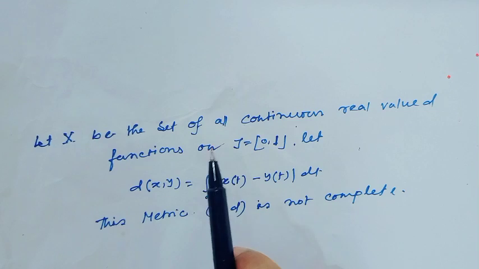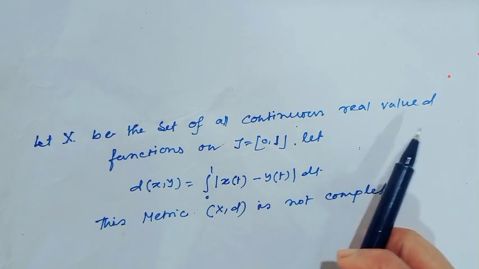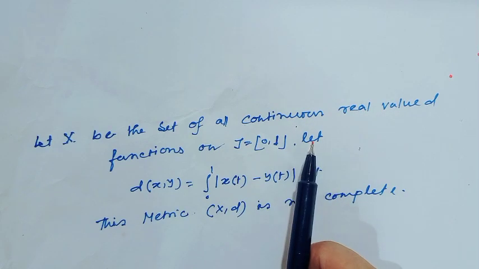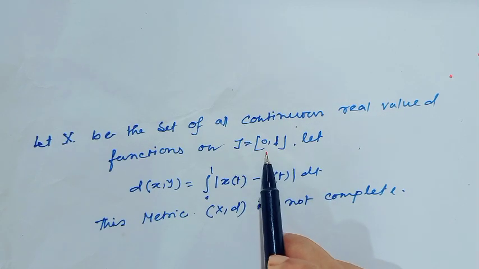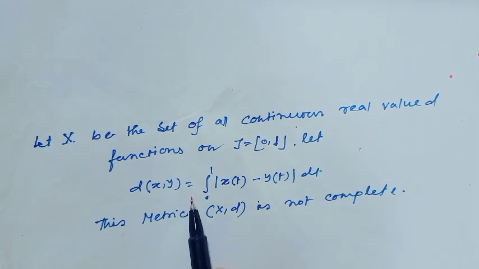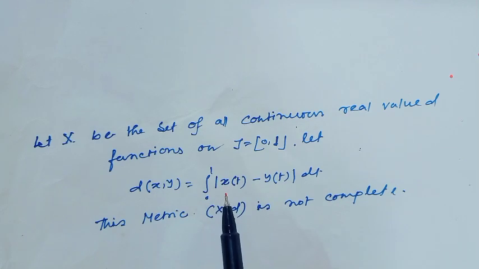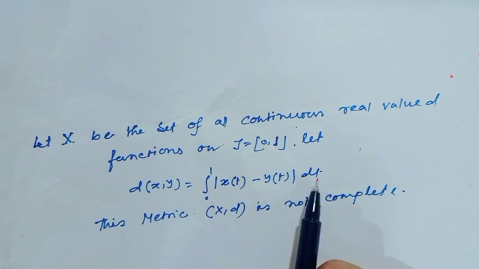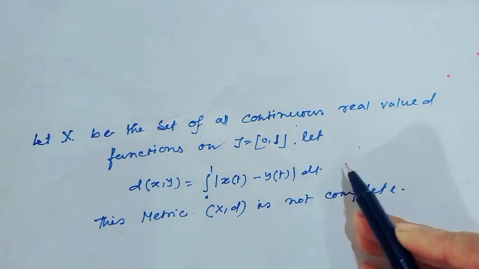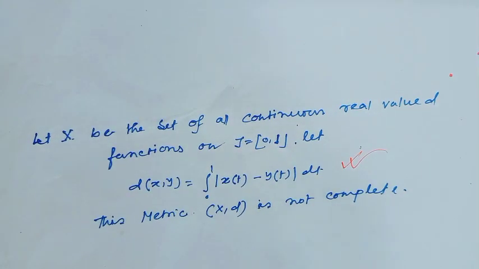For this, consider X to be the set of all continuous functions. For short calculation, here I will consider [a,b] to be [0,1]. I will show that the metric space (X,d), with d the integration from 0 to 1 of the absolute value of x(t) minus y(t) dt, is not complete when I define this type of metric. Why not? Let's see.